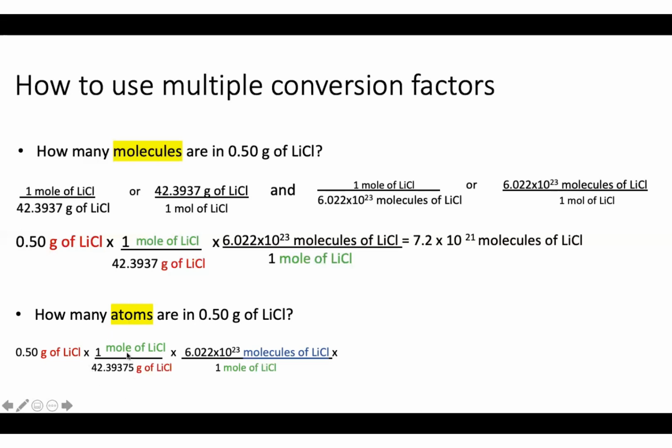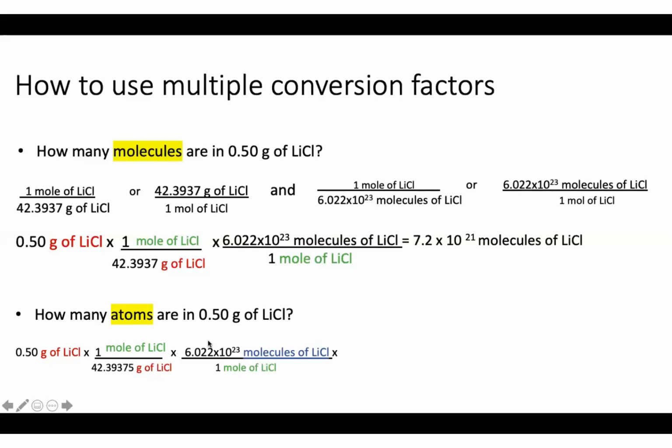I convert to the mole. Then, when I have a compound, the next step would be to find the number of molecules. I cannot go from a compound to the number of atoms. There is nothing between a compound and number of atoms in the conversion factors.